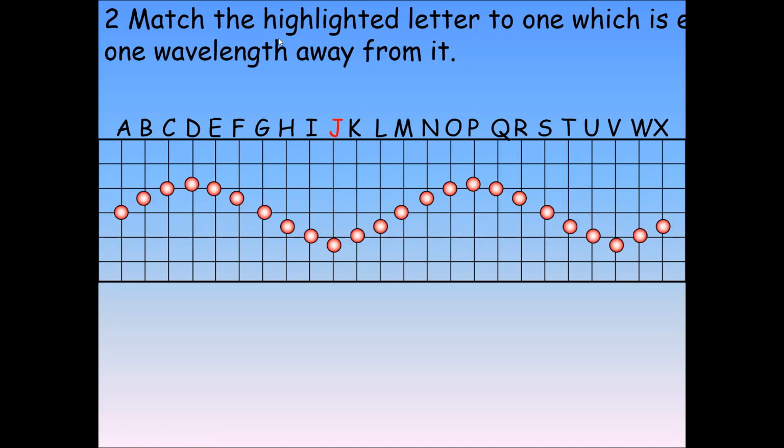Now J. Point J is there. Which point is wavelength apart from J? Yeah, that's right. So wavelength apart from J, V will be the wavelength apart from J. Then for B, which point is wavelength apart from B?